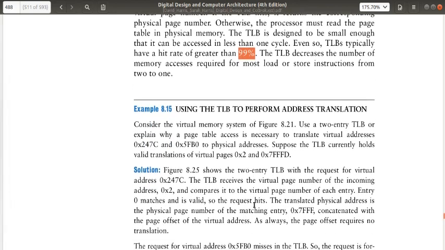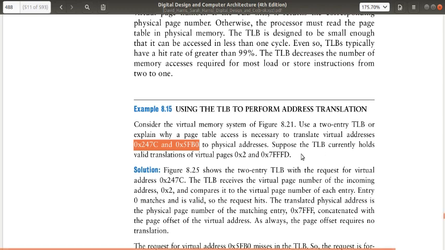Okay, so let's do an example. Consider the virtual memory of figure 8.21. I hope you remember. Use a 2-entry translation look-aside buffer to translate 0x247c and 0x5fb0 to physical addresses.